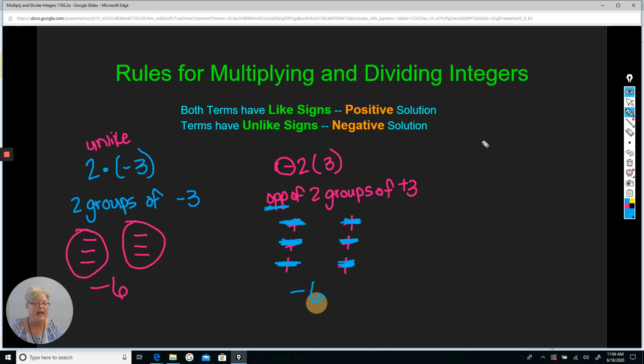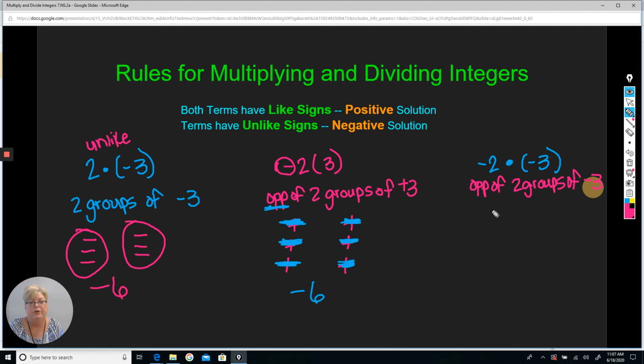Okay, we're going to look at one more. If I have -2 times -3, let's talk about what we already know. This is a negative and this is a -3. So this negative tells me that's an opposite of two groups of -3.